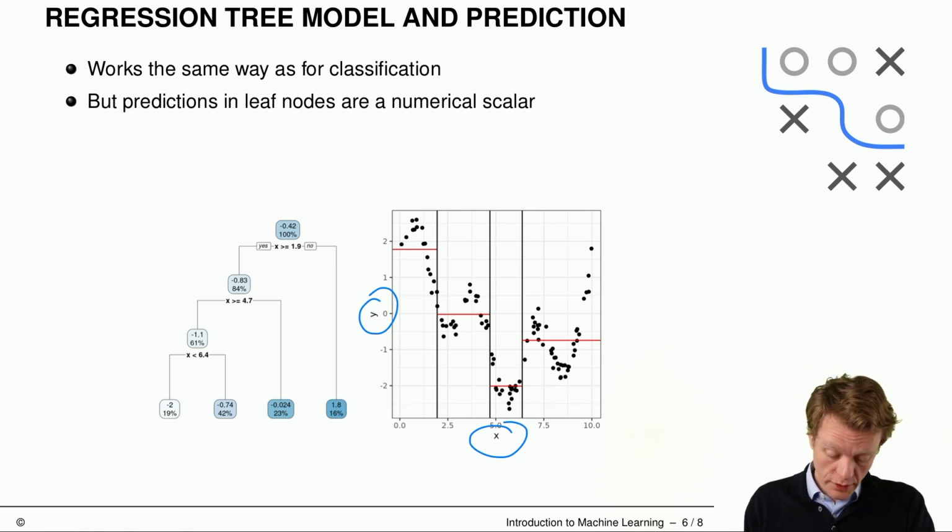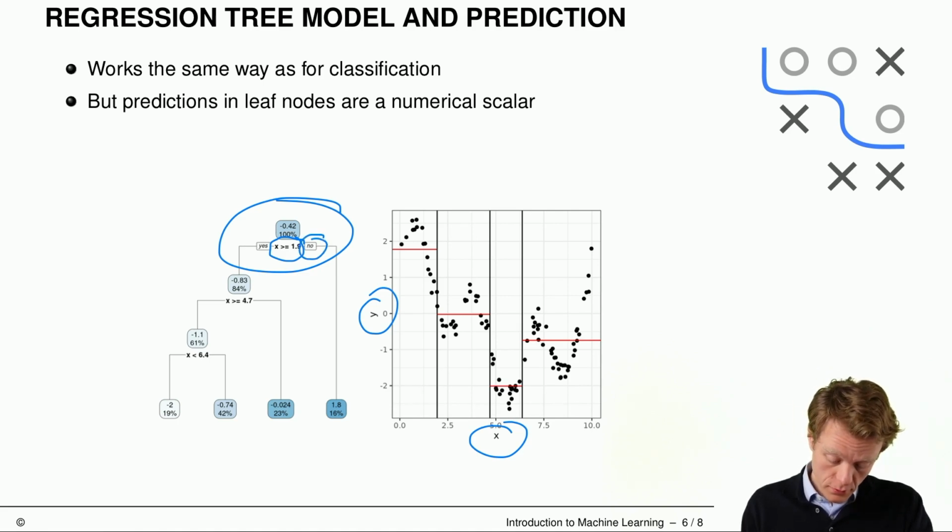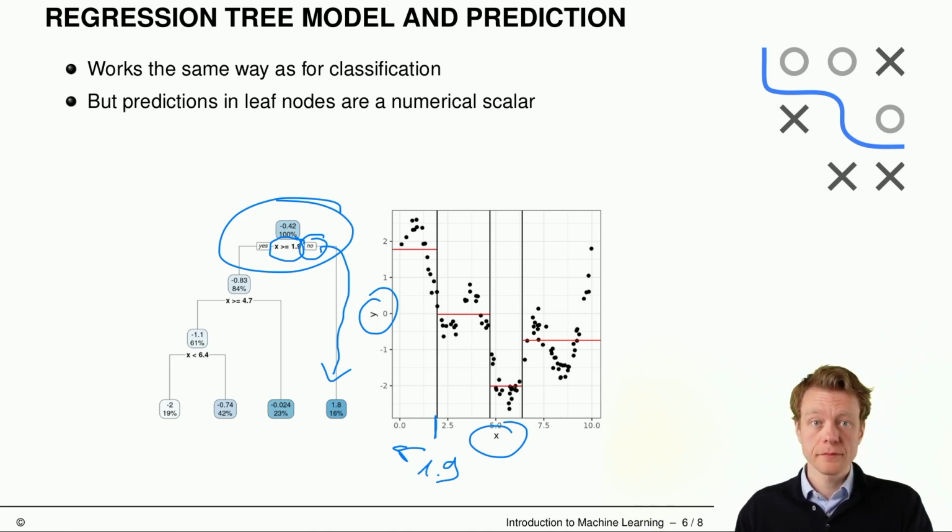And we can look at what happens here. So the question is: is X larger or equal than 1.9? And if the answer is no, let's do this first, then we go to the right-hand side, which means we are left from 1.9 here.